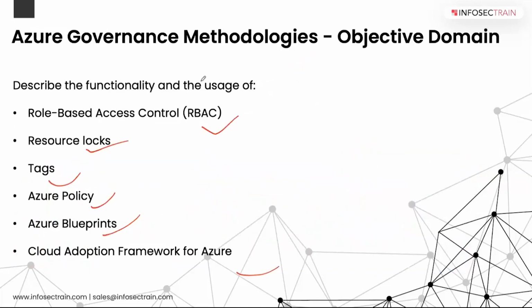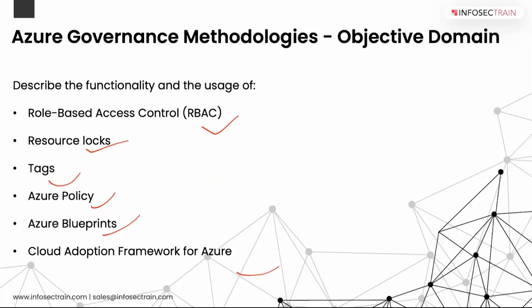Now, after this, we will be talking about some tools which will be helping you to go ahead and achieve, I would say, your proper governance over there. You have to create a governance strategy for billing, for access control, your subscription limit, everything. So how everything will be applied over there, one by one, we have to discuss them.